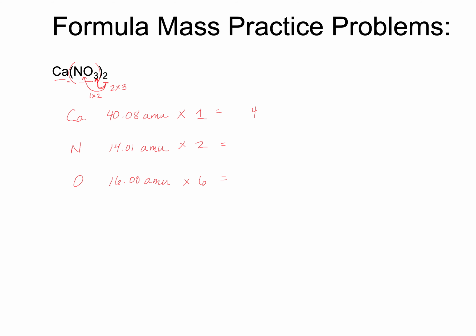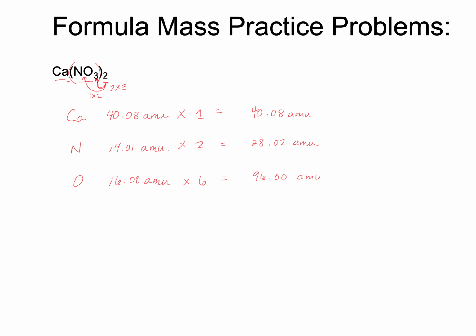So our total calcium atomic mass units sums up to be 40.08 AMUs. For nitrogen, that sums up to being 28.02 AMUs. And then for oxygen, 96.00 AMUs.